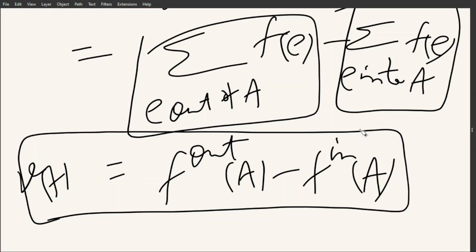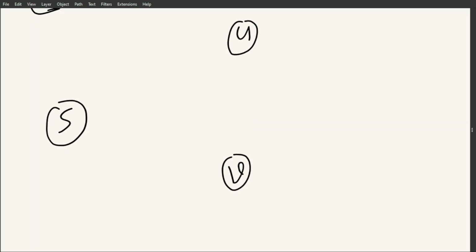Now we will get the upper bound. But before getting the upper bound, just take a very simple example of this equation. We take our same earlier example, the flow network s, u, v and t.